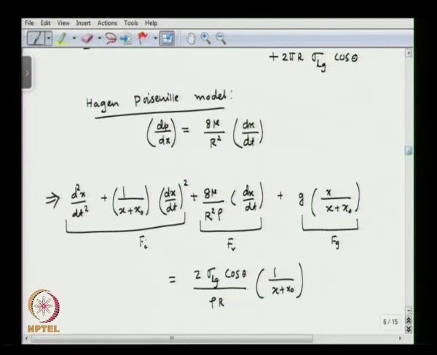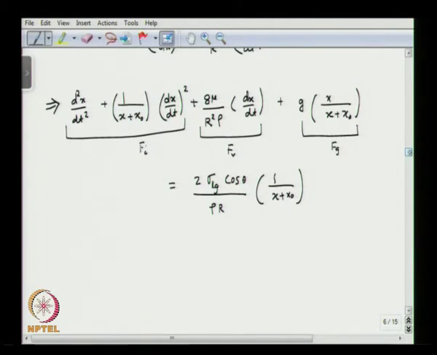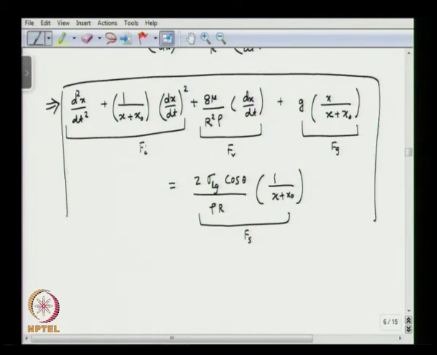So, that is the equation we have. This is the surface tension force.